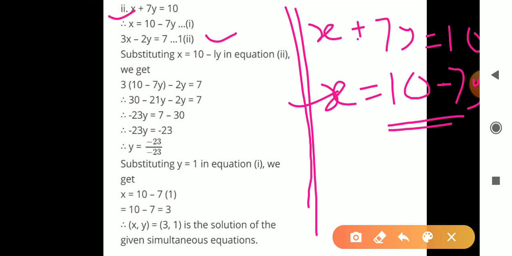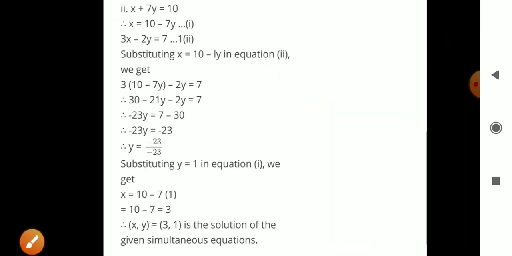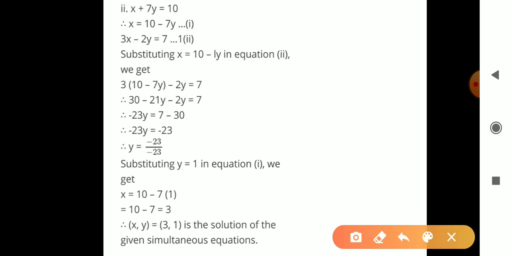So here we get x equal to 10 minus 7y, and now we have to put this value of x in the second equation. So put the value of x in equation number second. The second equation is 3x minus 2y equal to 7.